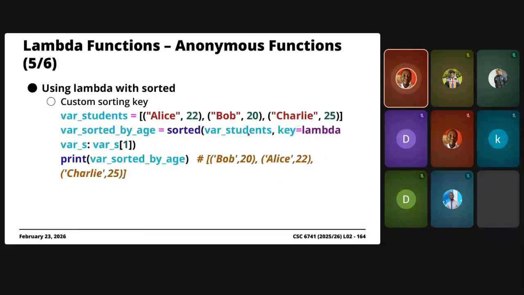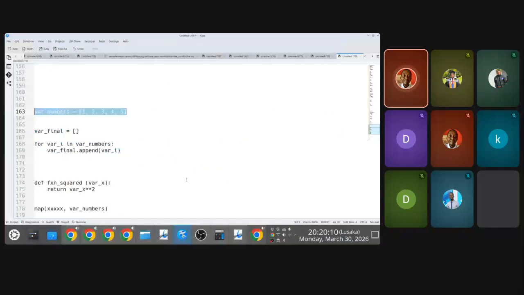We have our dictionary, and we are defining an anonymous function that takes in a variable s, and then it returns. This is weird here. Let me just check here.